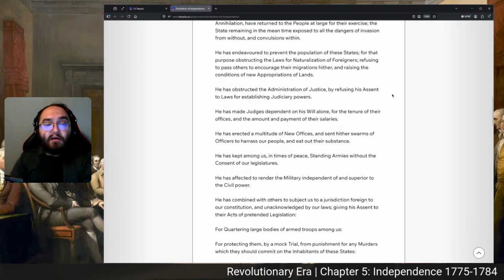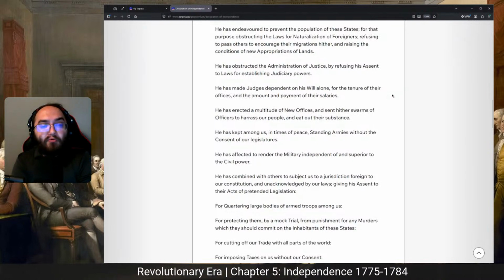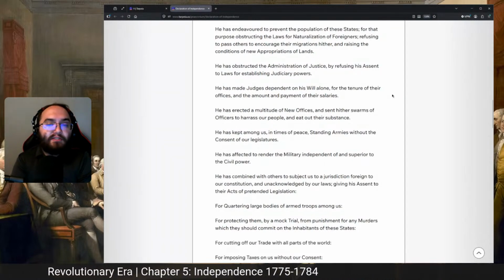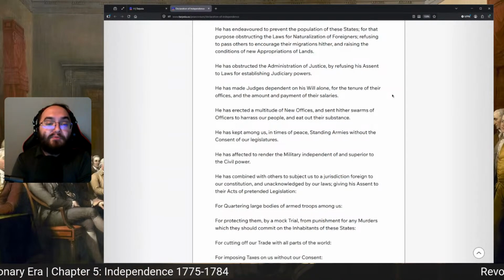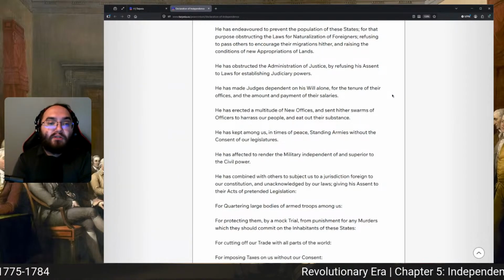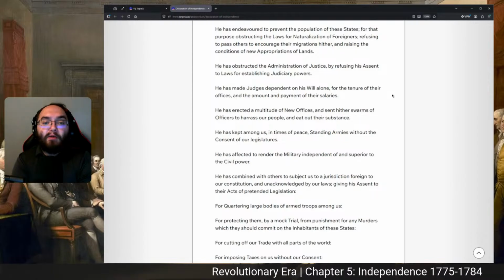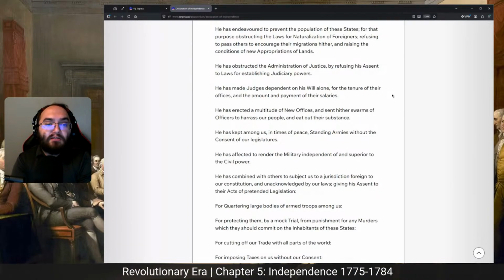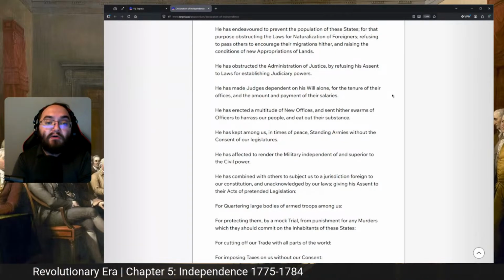He has endeavored to prevent the population of these states for that purpose of obstructing the laws for naturalization of foreigners, refusing to pass others to encourage their migrations hither, and raising the conditions of new appropriations of lands.